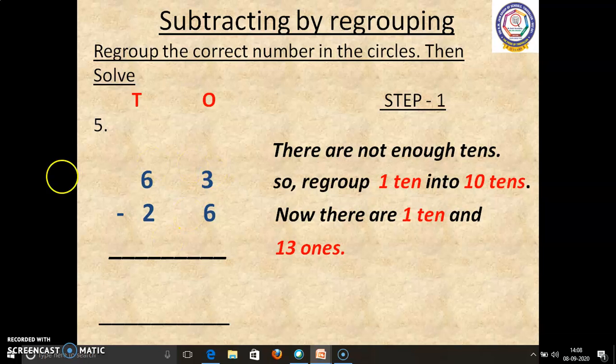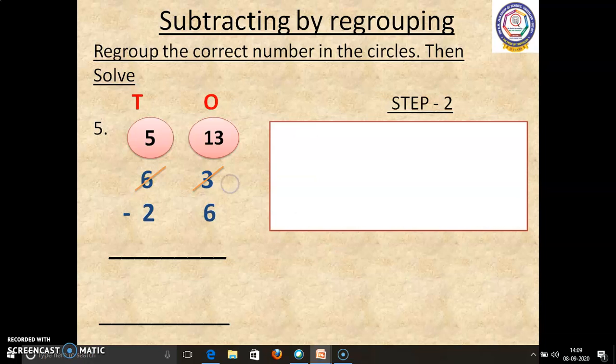Next question, 63 minus 26. Step 1. There are not enough ones. Why? Because number 3 is the smallest number when compared to number 6. So we have to regroup 1 ten into 10 ones. 6, before it 5. Now there is 1 ten and 13 ones.